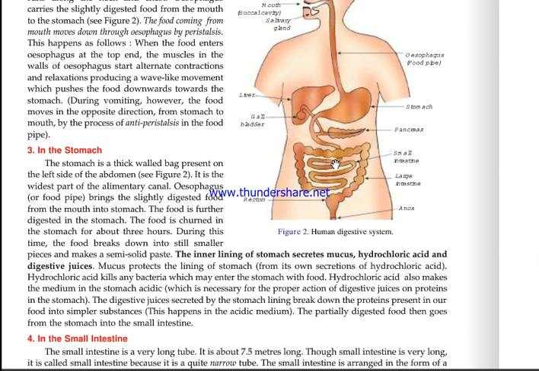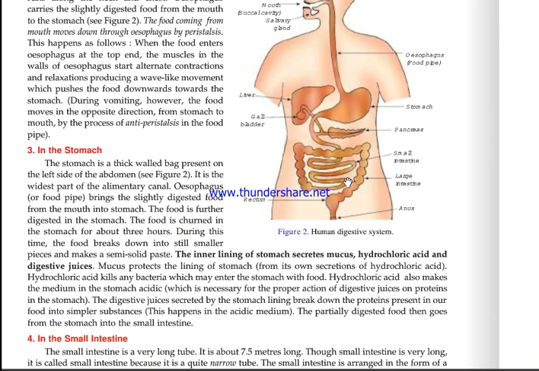The food goes through all three parts in stages: first jejunum, then duodenum, and finally it reaches the ileum. In the small intestine, the nutrients present in the food are absorbed by specific cells called villi.